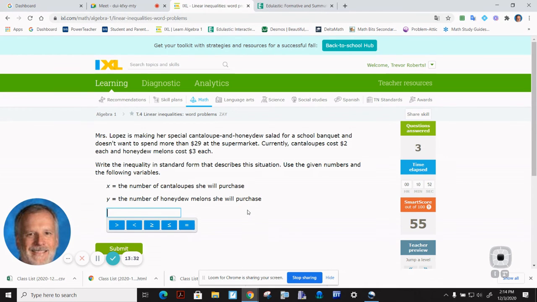Now, currently, cantaloupes cost $2 and honeydew costs $3. X equals the number of cantaloupes, and Y equals the number of honeydews.